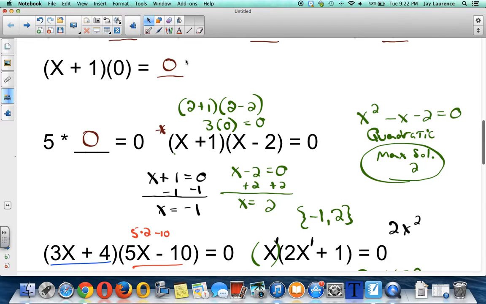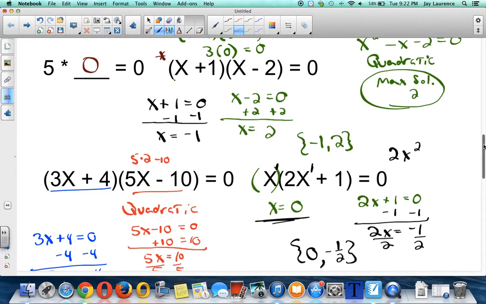To get 0 as an answer for a multiplication problem, one of the factors must be 0, right? They could both be 0, but one of them must be.